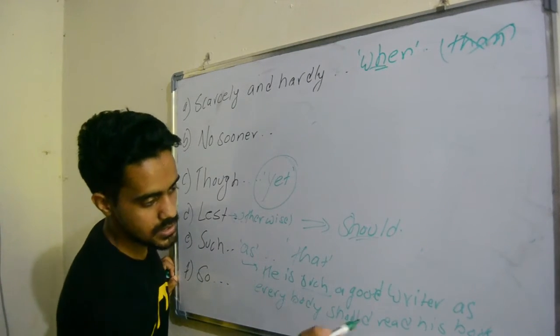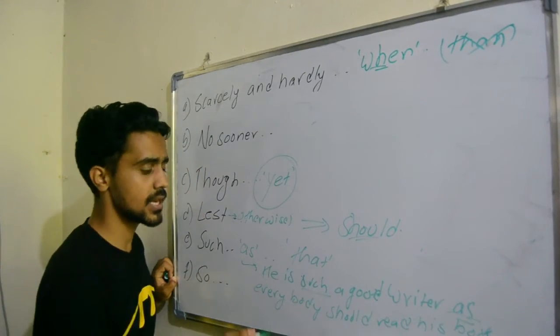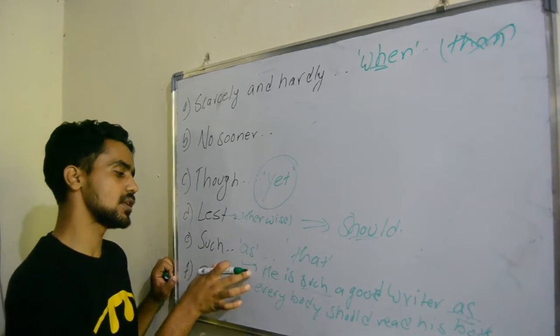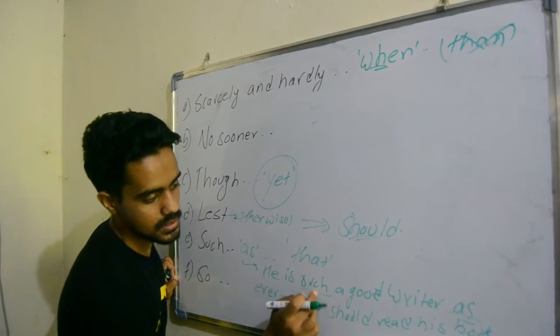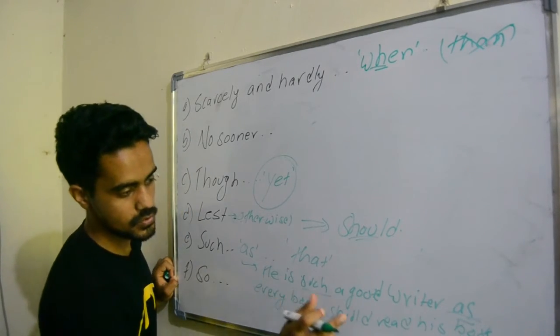Here is such and here is as. It doesn't mean that such and as should be used immediately joined as such as. No, here it is: such a good writer as everybody should read his book.